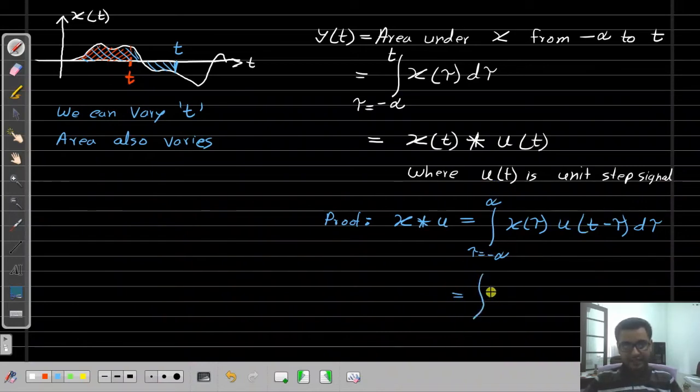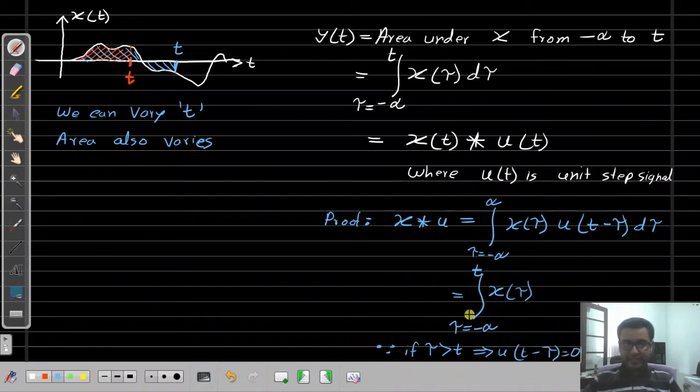I can carry this integration only from tau equal to minus infinity up to t. If tau is greater than t, then u(t minus tau) is equal to 0.